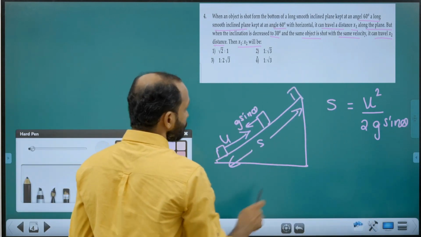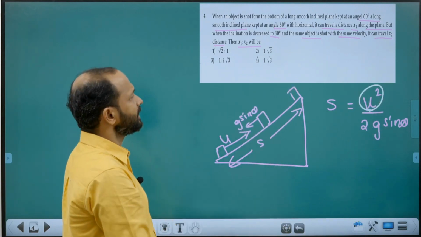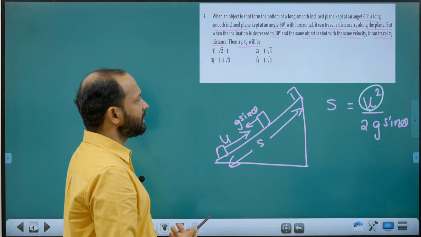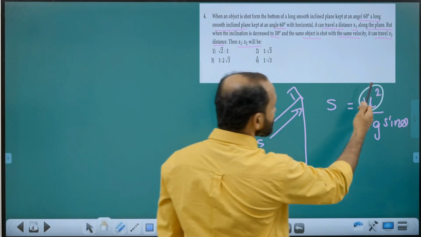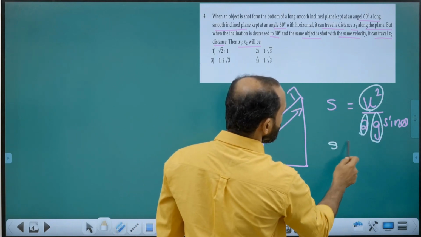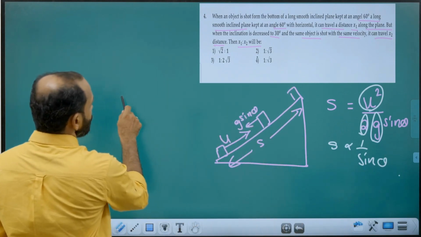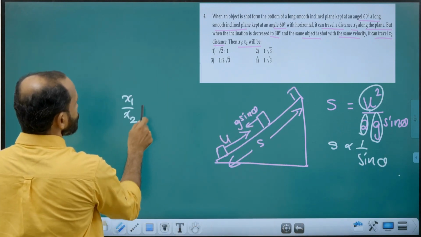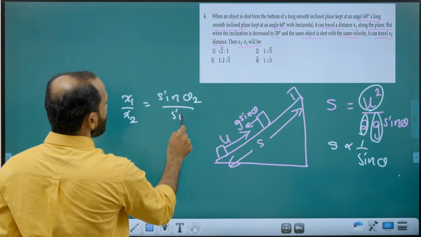By watching this carefully, you can see u is a constant. In the second incline with a different angle, 30 degree, beginning 60, now 30, the angle changes but the speed does not change. It is given. g also does not change. 2 is also constant. So, s is proportional to 1 by sine theta. That is why x1 by x2 is equal to sine theta 2 divided by sine theta 1.